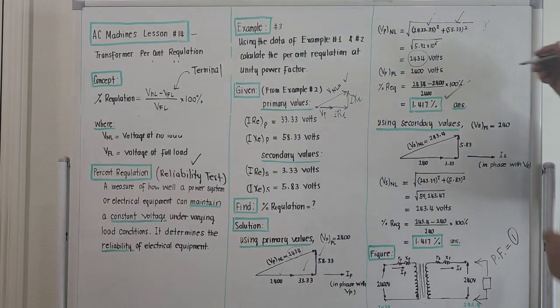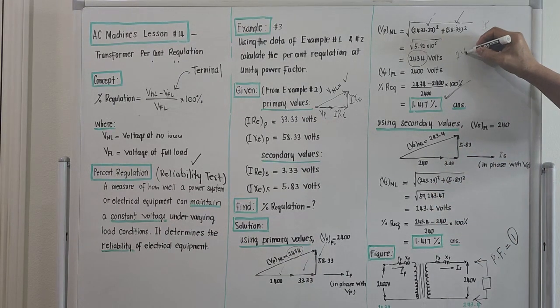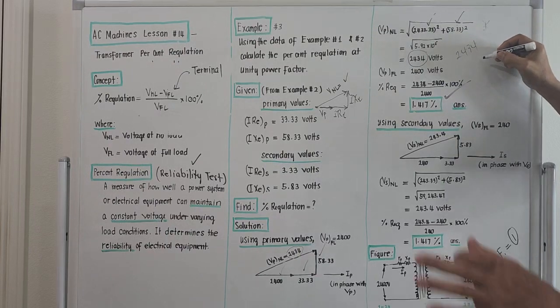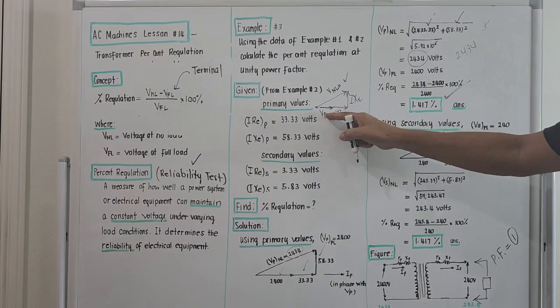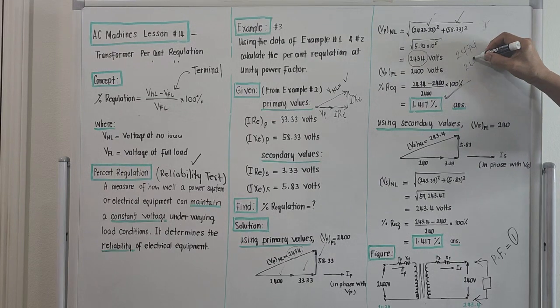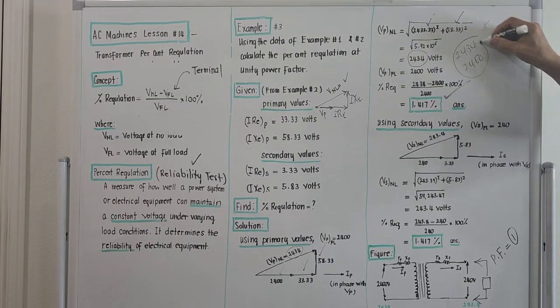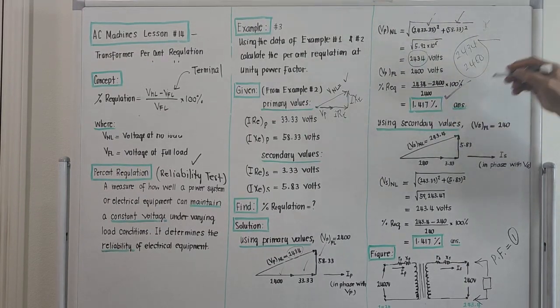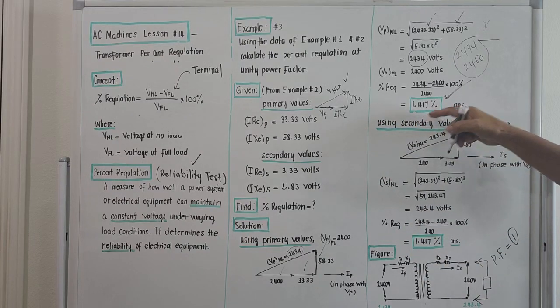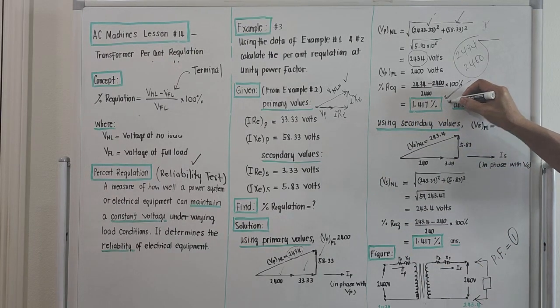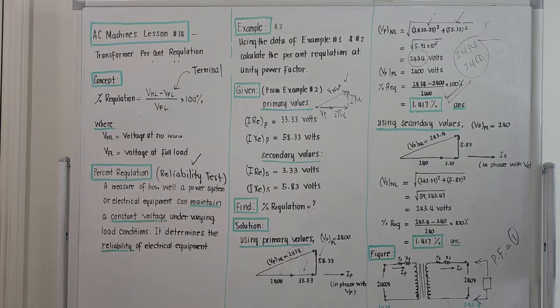You produce 2434, and after passing the IR drop and IX drop, it will become 2400. That was a very nice thing because as per computation, what comes out is only 1.417%. Okay, that's the primary solution.